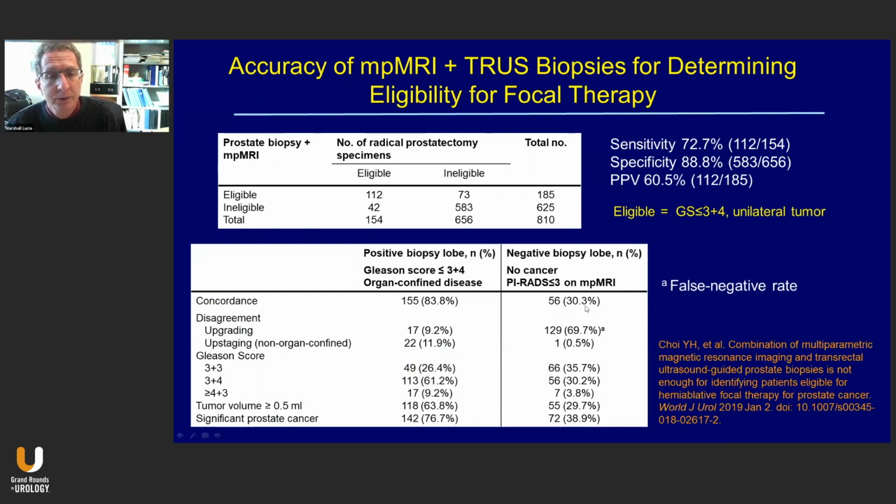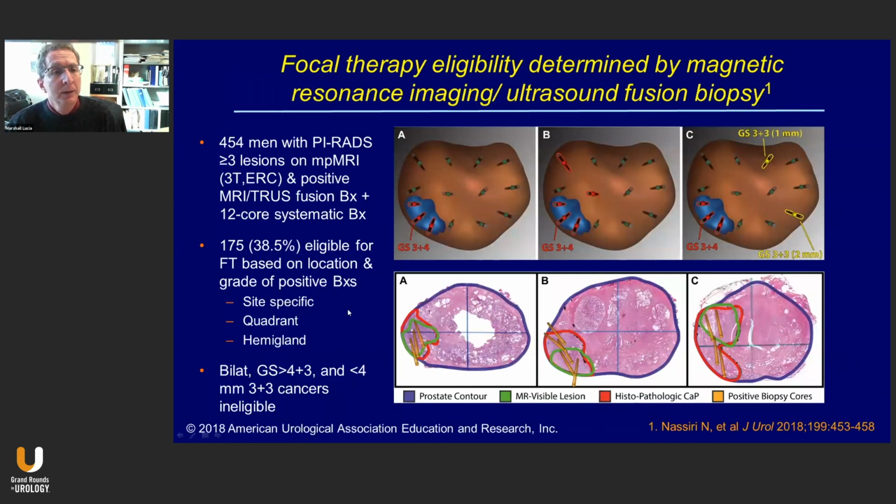And in that group, the concordance was only 30%. There was an almost 70% false negative rate here. And of those, almost 40% of them were considered significant cancers, and many of them had higher Gleason grades here.